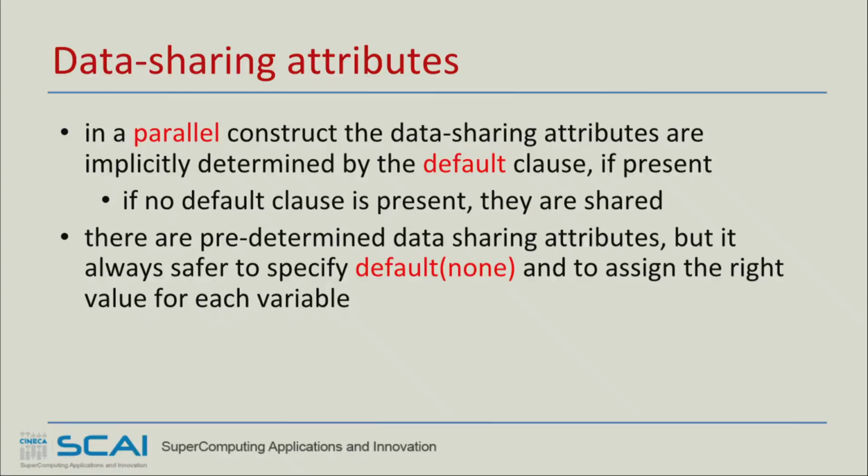So it's very, very important to add this default none, because for Fortran people, it's the equivalent of putting implicit none when you start to write a Fortran code. So just avoid saying, okay, everything is shared by default, because it's killing us. So add the default none, and if you forget to define the scope of a variable, the compiler will warn you.